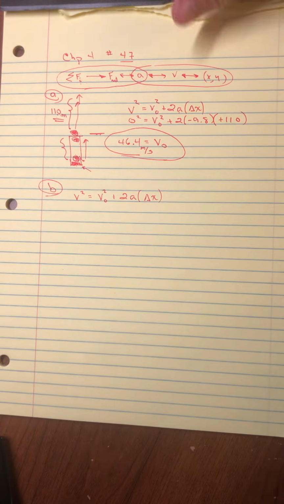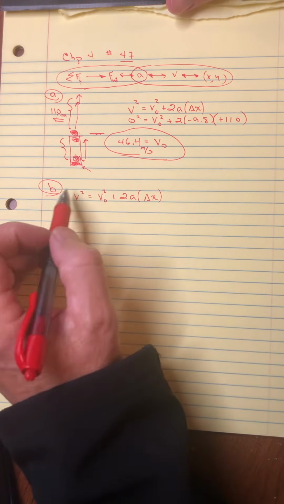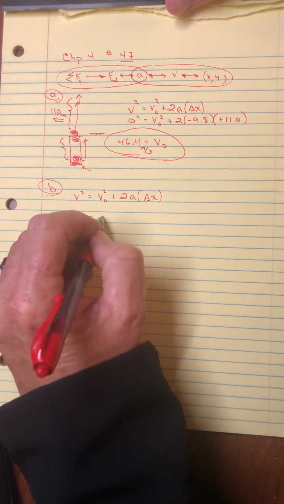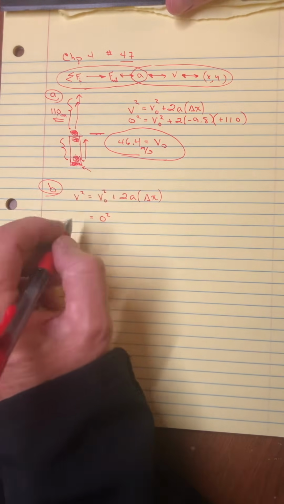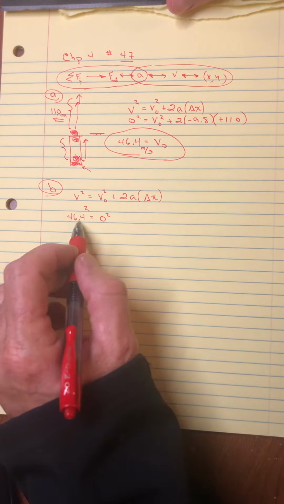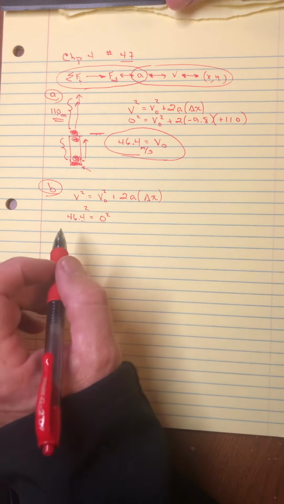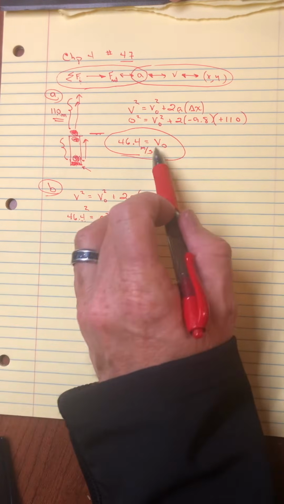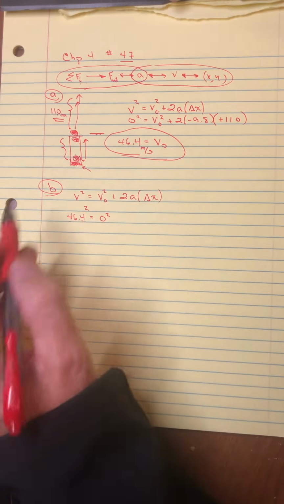In this case, if we think about going through the mortar, we would say it starts with a 0 speed and it ends with a speed of 46.4 meters per second. So again, this is the beginning speed as it goes upward, which is also the ending speed for the beginning part.